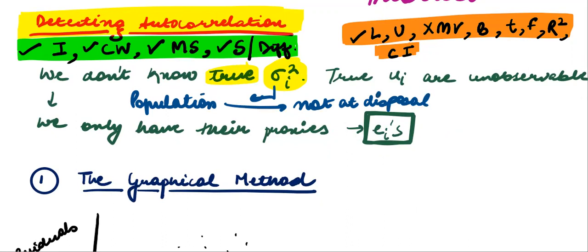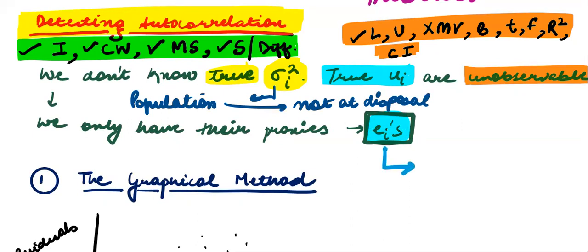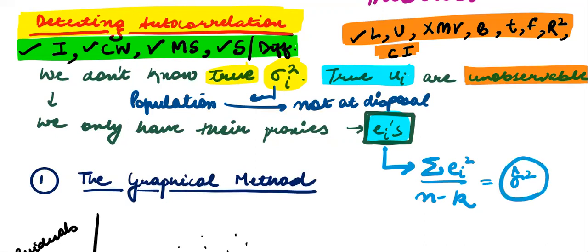Therefore, I don't know what the true ui's are. True ui's become unobservable. Now, we only know what ei's are, and we can only use these ei's to calculate summation ei square by n minus k, which is sigma hat square.